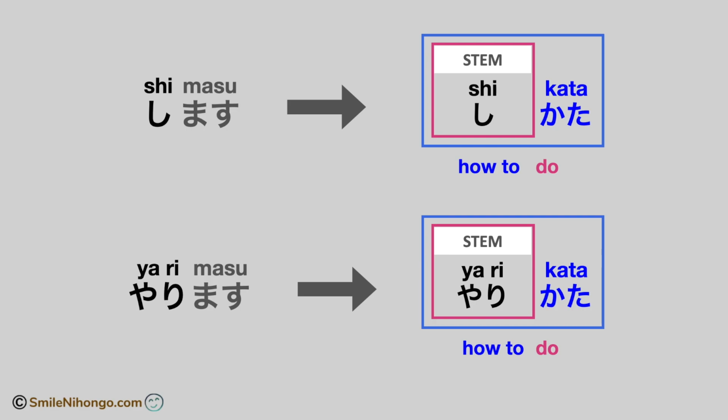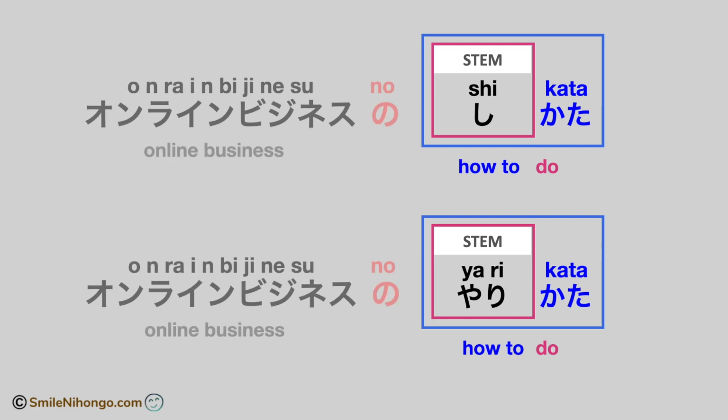They mean the same and it's a matter of the person's tendency or preference of speech. For instance, to say how to do an online business, you can either say オンラインビジネスの仕方 or オンラインビジネスのやり方. Either way is fine and it's up to you.